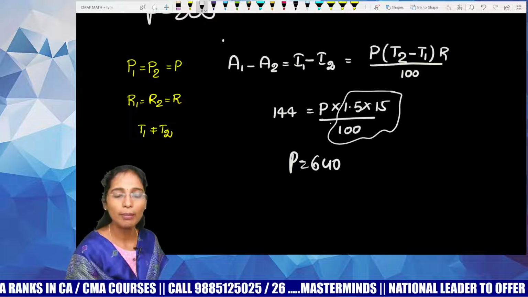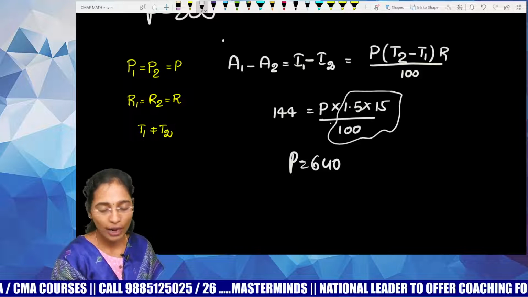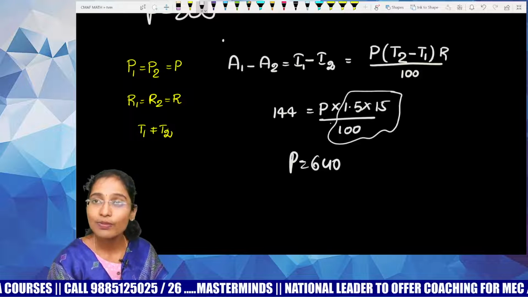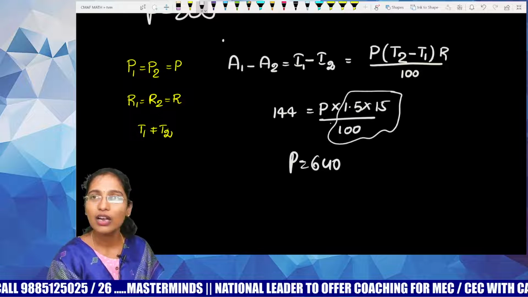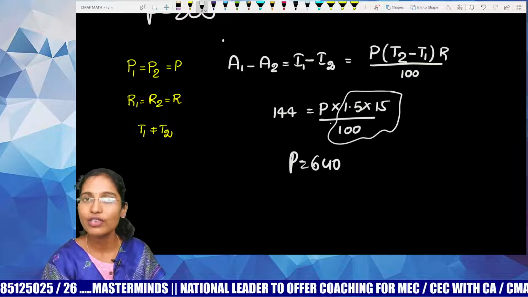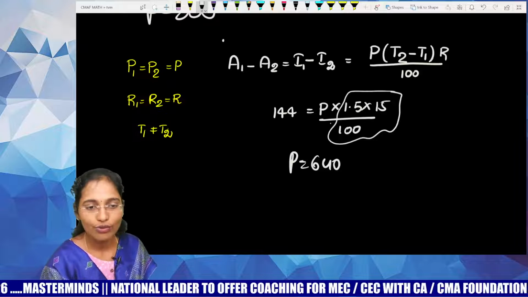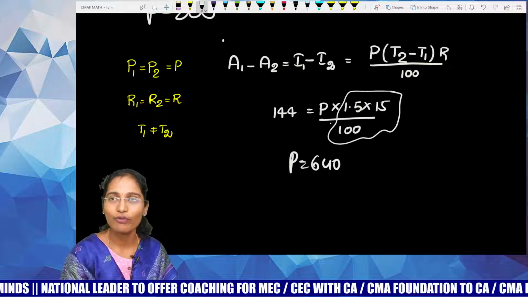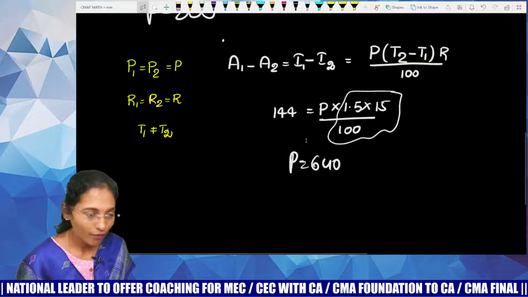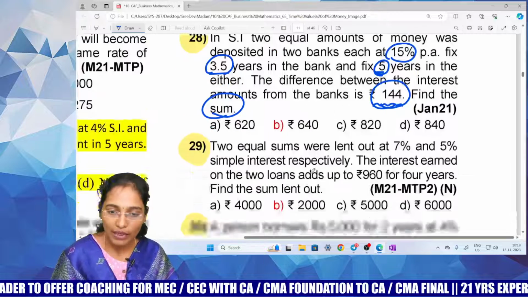Meaning to say, I'm calculating 1.5 into 15 by 100 first. This value is multiplying here. If I take it to the left side, it will become inverse. And I have given you how to calculate inverse. Which symbol is to be used? Divided by equals to. Then multiply your answer with 144, so that your answer is 640. That's a simple calculation, right?